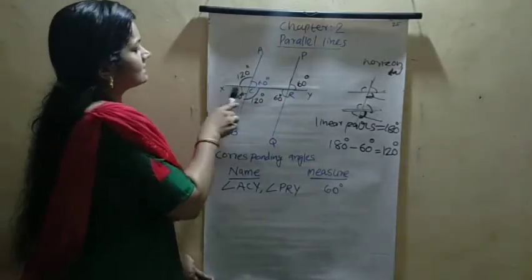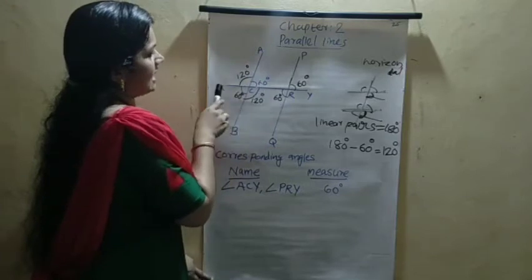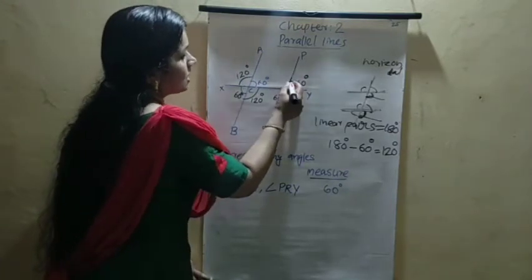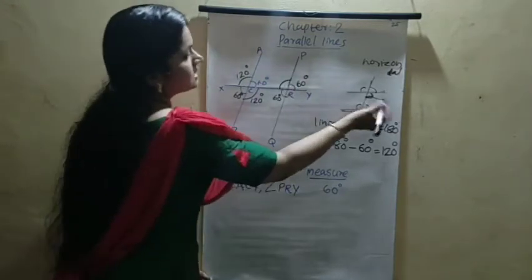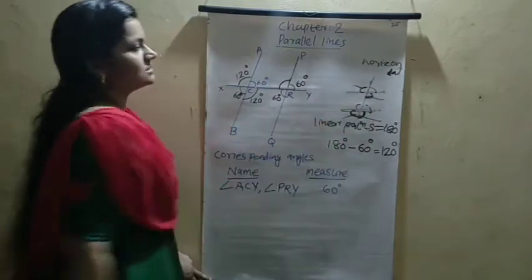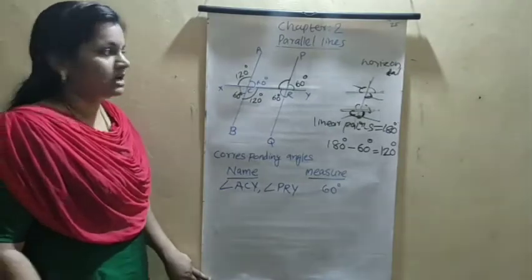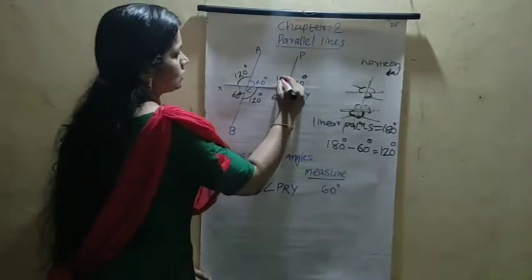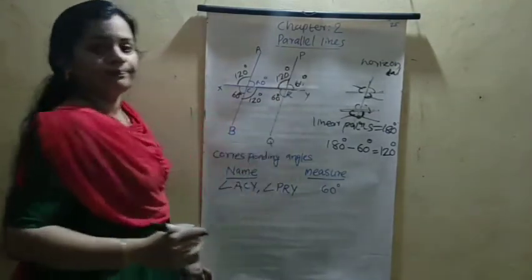Then angle XCA and angle XRP are corresponding angles, so this is also 120 degrees.